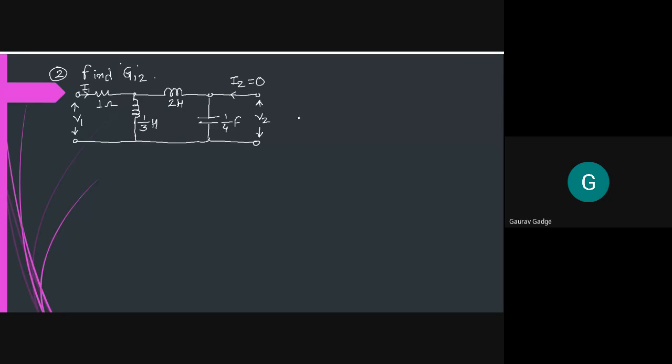Let us convert this particular circuit into Laplace transform first. I start from this end. Here there is a resistance, then a node, then inductor. Let me check that inductor is 2 Henry. Yes, it is 2 Henry.